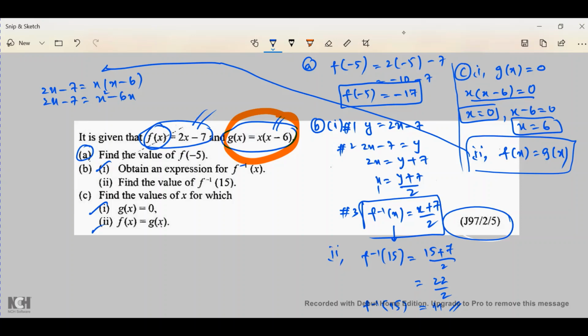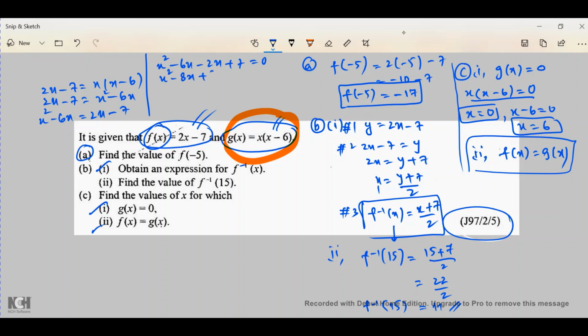I'm writing this right side first. x squared minus 6x is equal to 2x minus 7. Moving everything to one side: x squared minus 6x minus 2x plus 7 equals 0. x squared minus 8x plus 7 equals 0.